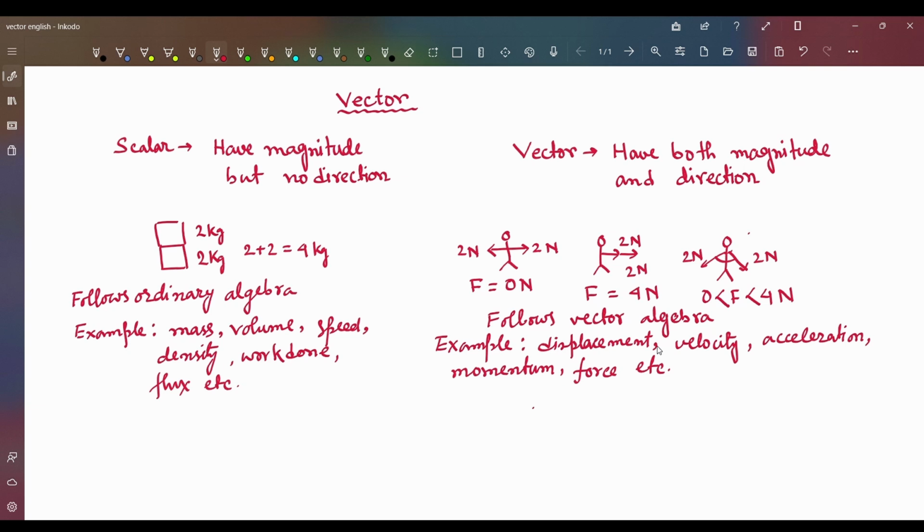All have some specific directions, but they are not considered vectors as they do not follow vector algebra. For example, 5 second plus 5 second is always 10 second. That does not vary from 0 to 10 second.